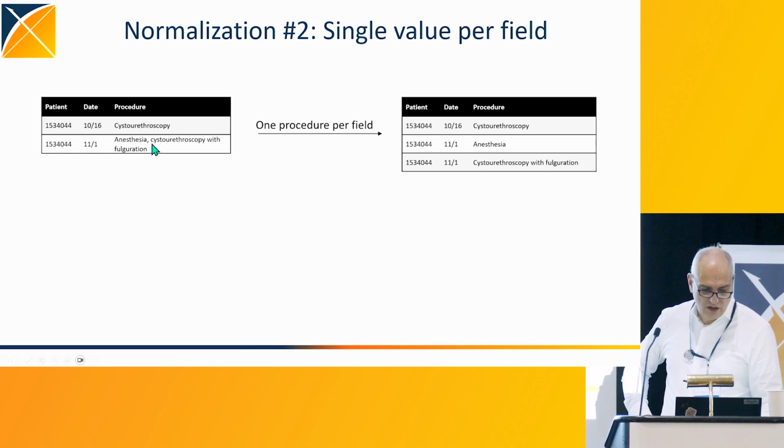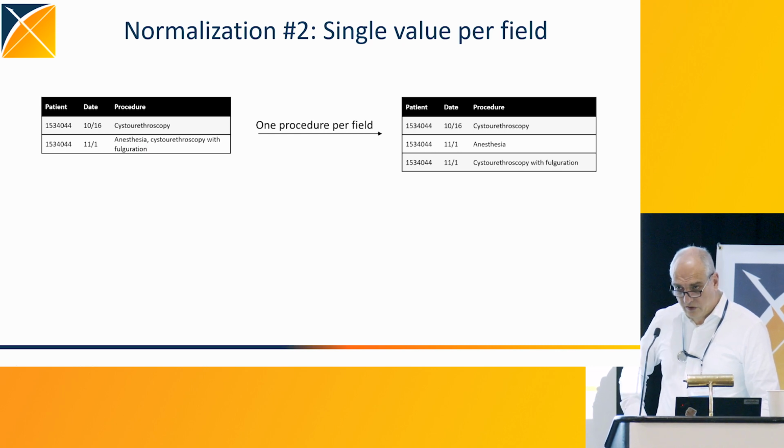So anesthesia is given. You don't have to give it for the cystoscopy, but it's a really nasty procedure, so it was given to this particular patient, along with the cystourethroscopy. So you don't squish several things into one field. You put one thing in a row. And then, of course, you have to repeat the date.